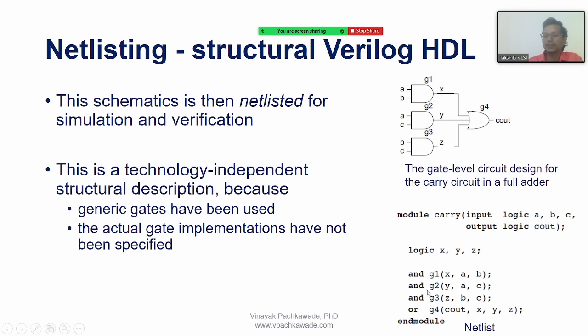Generic gates will be used as defined in this code, and the actual gate implementation we haven't specified. We know as designers that these gates have to be implemented by compound gates or tri-state gates, and to implement AND and OR logic we use NAND and NOR functions. We don't specify to use specifically NAND and NOR, so the tool will determine.